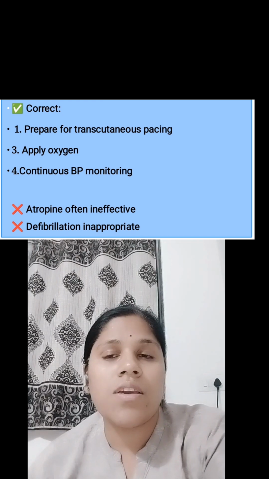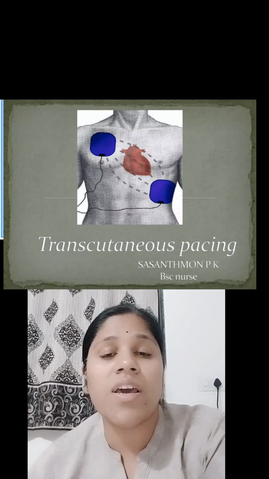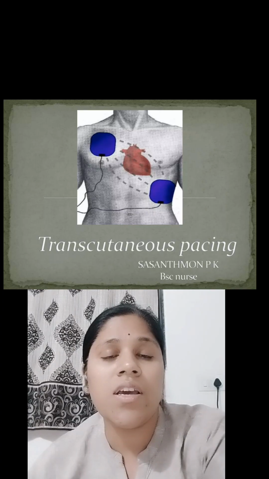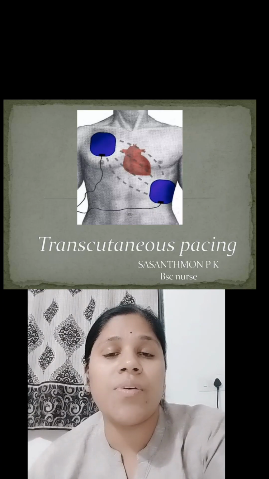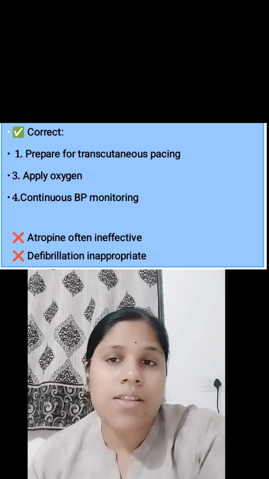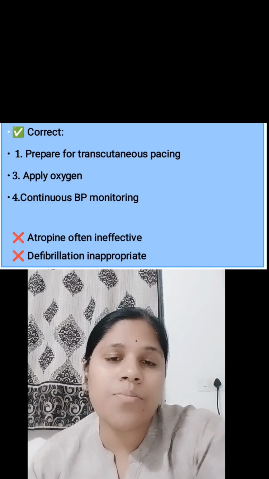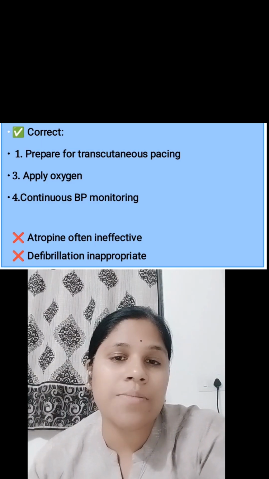And the correct option is to prepare for transcutaneous pacing because the heart rate is very low, 28 beats per minute. With 28 beats per minute there is no effective cardiac output for the patient. So providing transcutaneous pacing will help. It is most important to revert the patient back and to maintain his physiological condition.